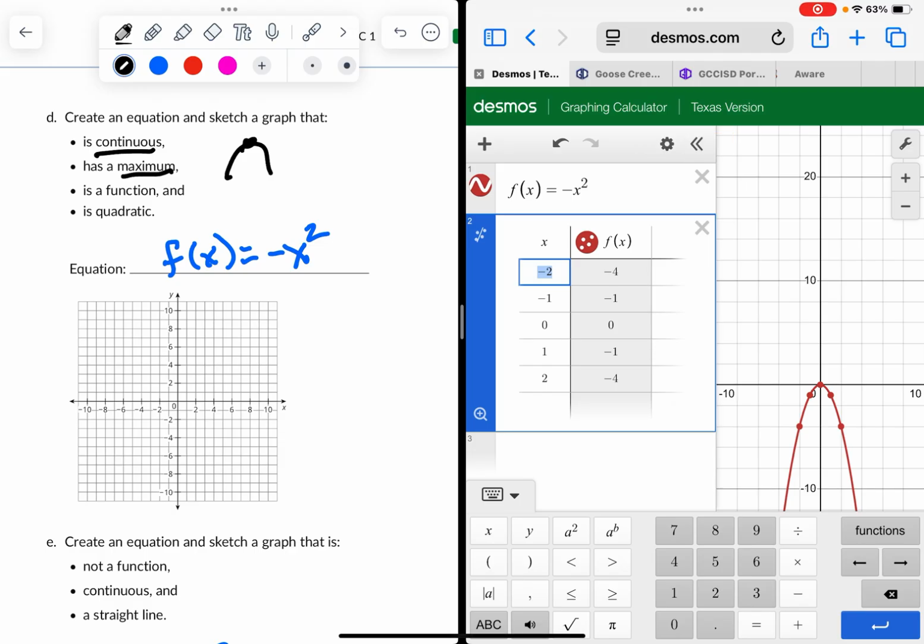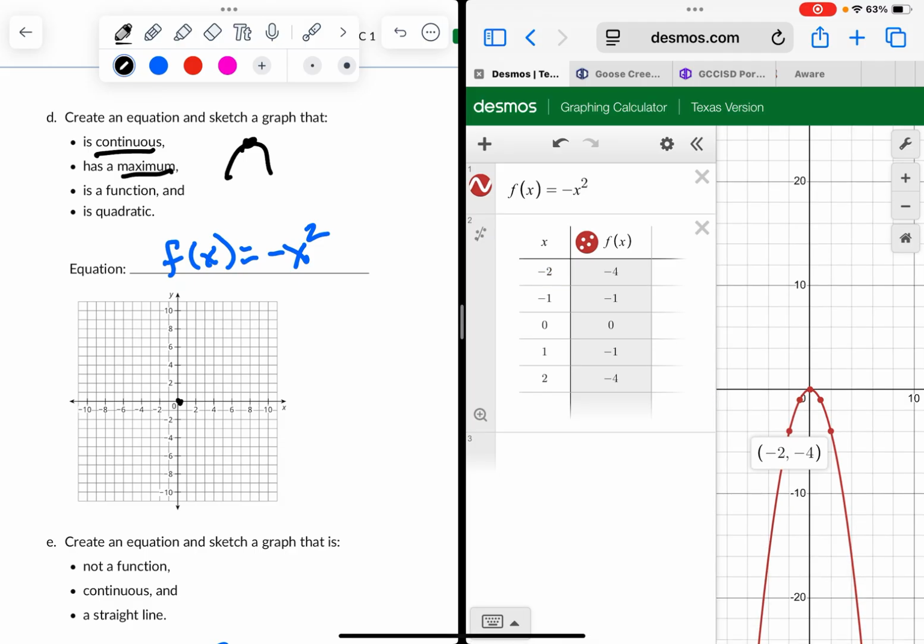I'm not having to draw it in there this time. So looks like I've got the points. Let's see, what are some of these points? -2, -4. I've also got 1, -1, -1, -1. So it looks like this, and I am going to connect it because they want continuous.